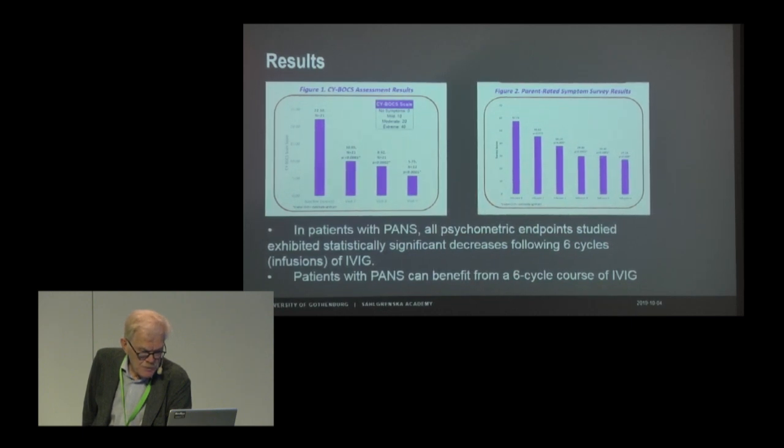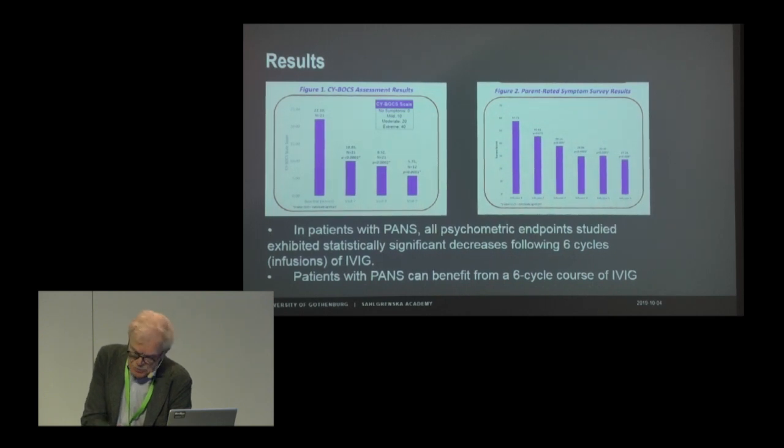So they concluded that patients with PANDAS can benefit from the 6-cycle course of immunoglobulin. I think that's quite interesting results, even if we know that this is an open-label study.